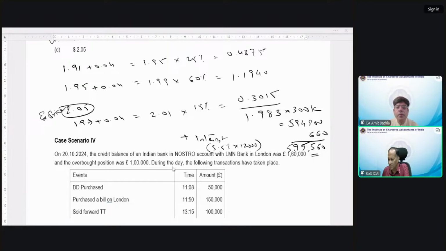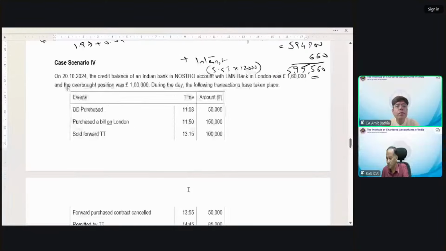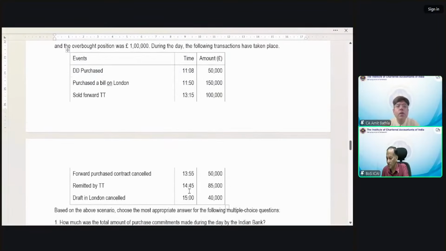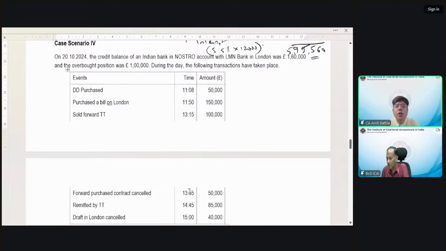Amit ji, just drag the screen downward. Should I stop sharing? No, just drag down the screen. This is case scenario 4, which is on Nostro Vostro account.